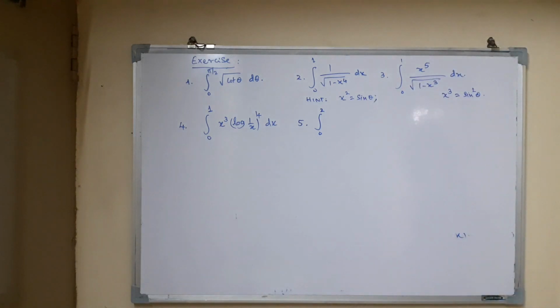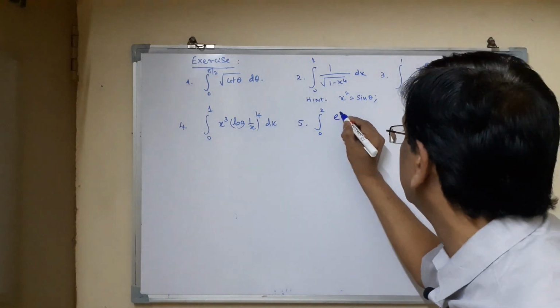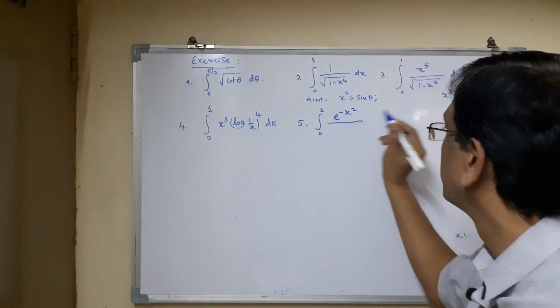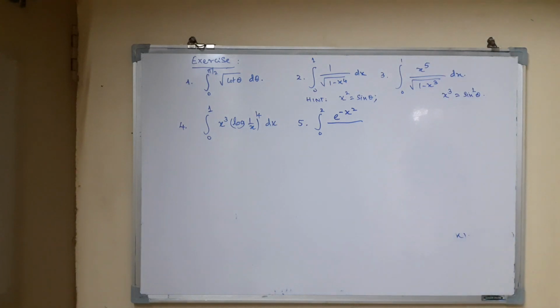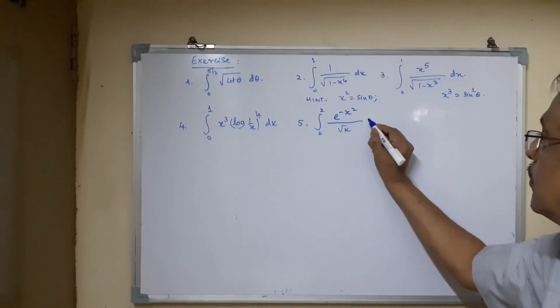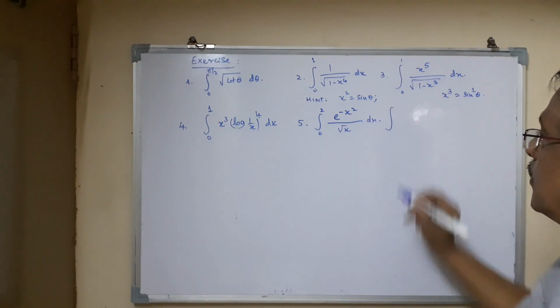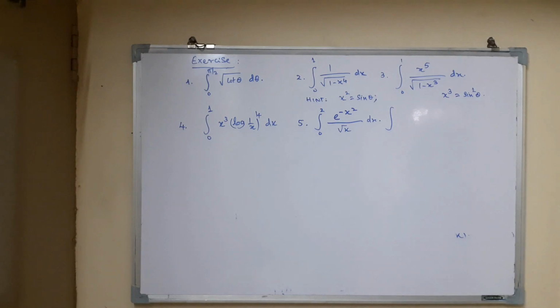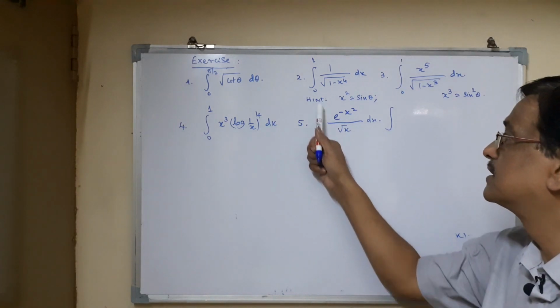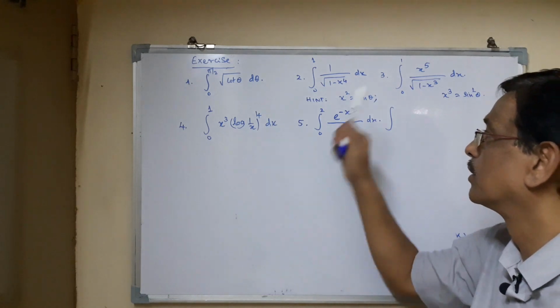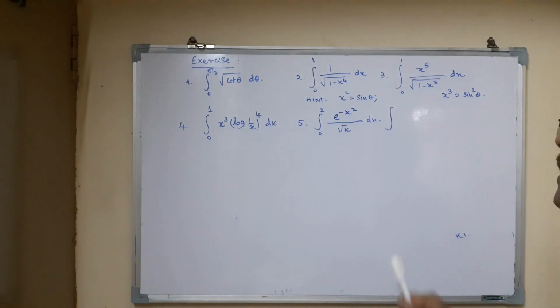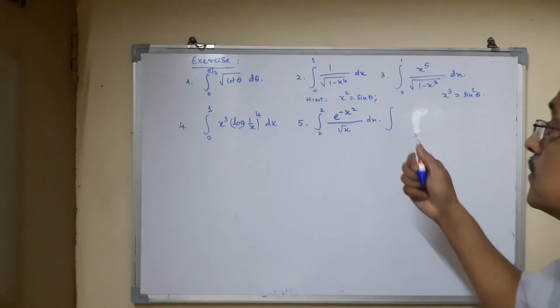I mean, so far you do not have 0 to 2. You have only 0 to 1. E power minus x square, it is given 0 to 2, neither 0 to 1 nor 0 to infinity. So try.